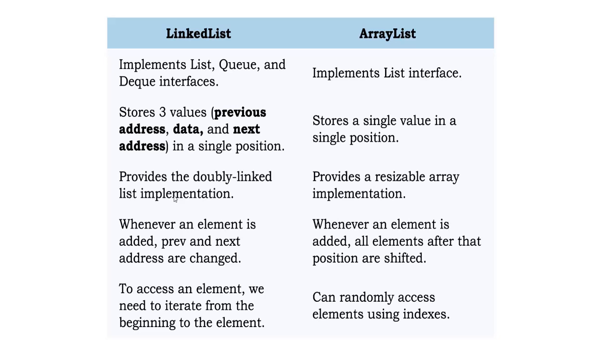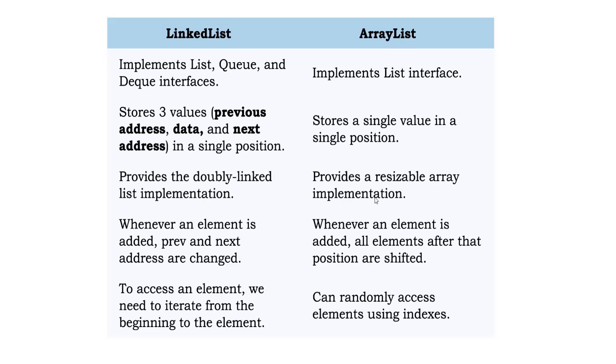If you want to traverse, suppose you want to find the fourth element in an array, I told you, right, the fourth element in an array, so in the vice versa case also you can perform the searching. Okay, so that's the reason it is doubly linked. Array list provides a resizable array implementation.